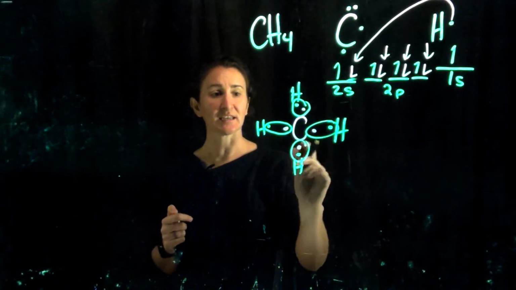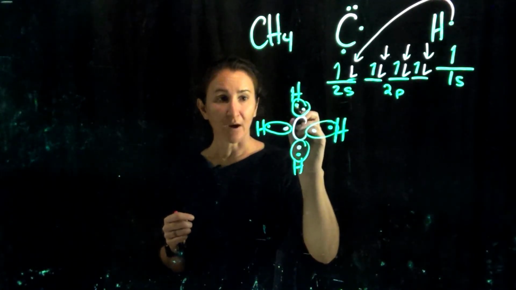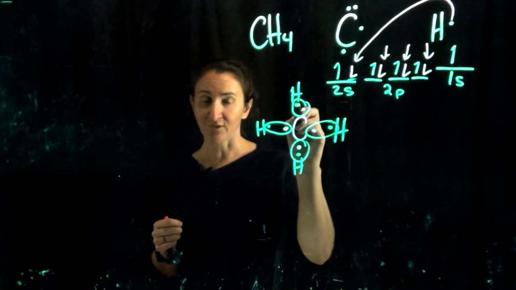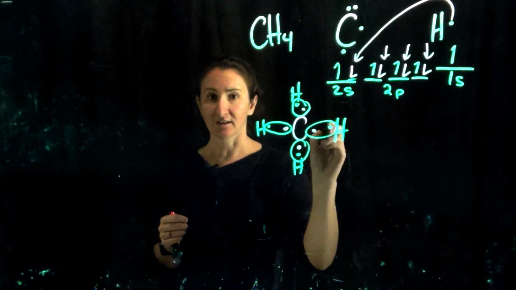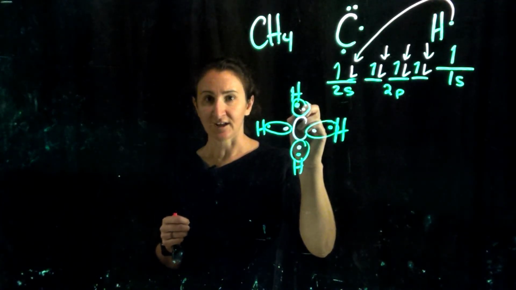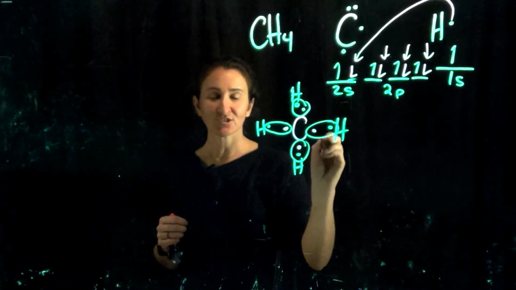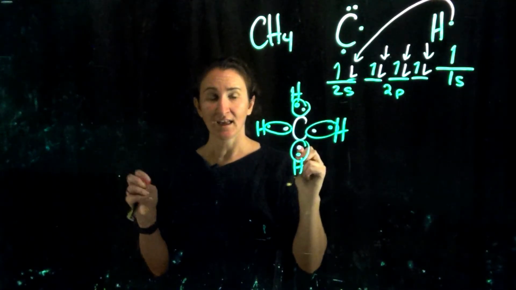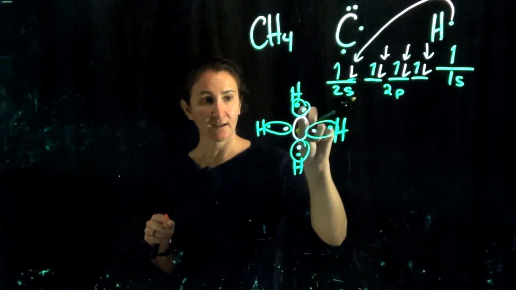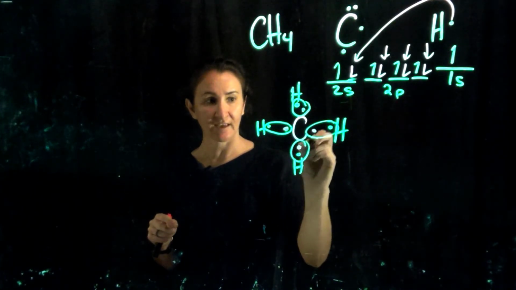And so in doing this, how many electrons does carbon now have? It's borrowing, it's sharing, if you will, these hydrogen electrons. And so it thinks that the hydrogen electrons are its own as well as its own electrons. So whenever it's trying to decide if it's satisfied, it's going to count 1, 2, 3, 4, 5, 6, 7, 8.